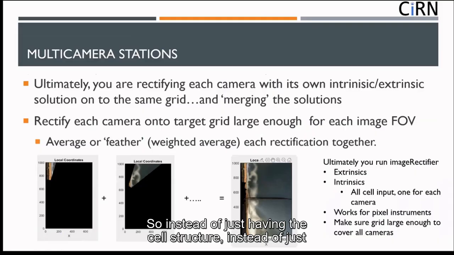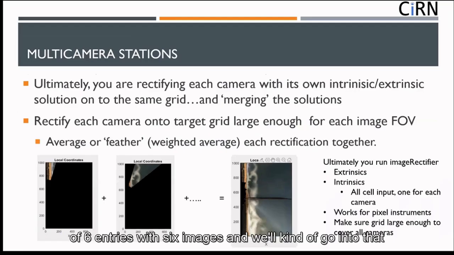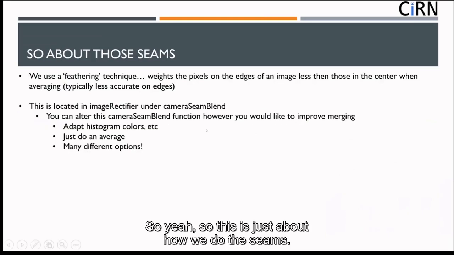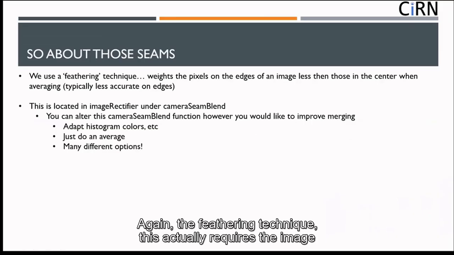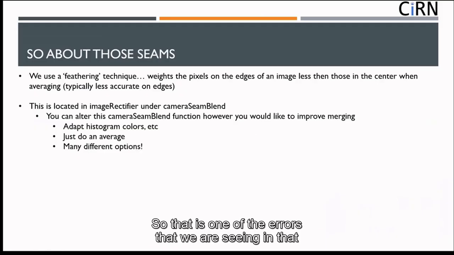Instead of just having one image, we have a cell of 6 entries with 6 images, and we'll go into that a little bit later. This is just about how we do the seams, again, the feathering technique. This actually requires the image processing toolbox, which I didn't realize, so that is one of the errors that we are seeing in that function.